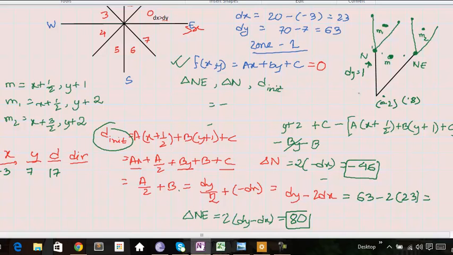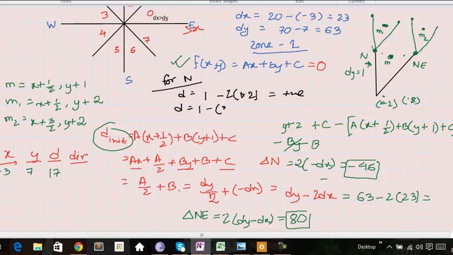So dy is 1 minus 2 dx. For n, dx is 0.2, so 1 minus 2 into 0.2 gives a positive value, 0.6. For ne, d equals 1 minus 2 into 0.8, which is 1 minus 1.6, so minus 0.6, a negative value.